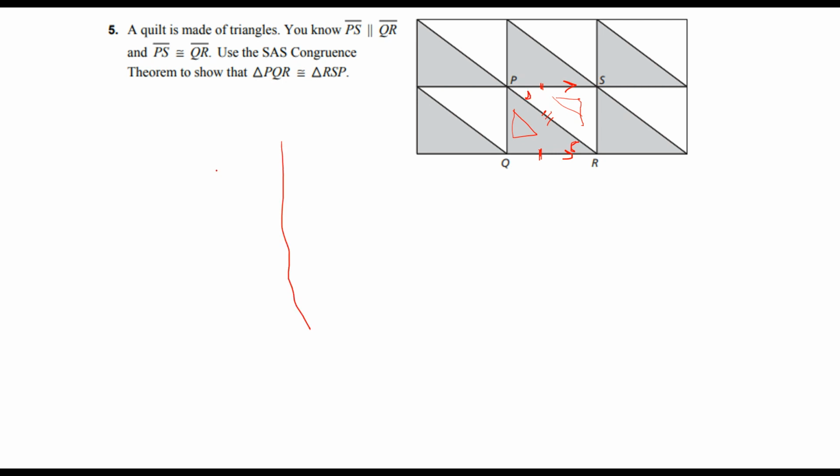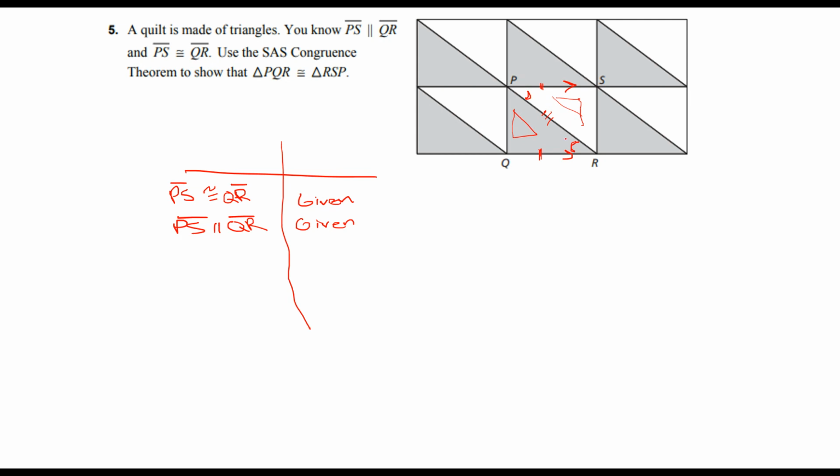I'm going to use a two-column proof, and I'm going to start with what's given. PS is congruent with QR because it's given. Second, PS is parallel to QR, and that's given. Next, I'm going to say that these two angles are congruent.